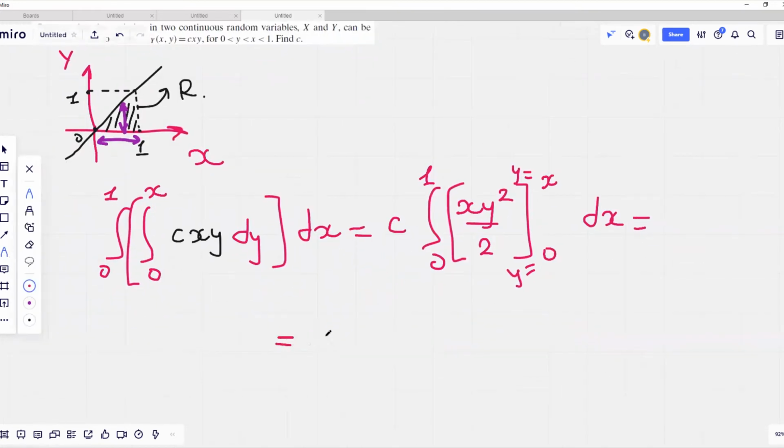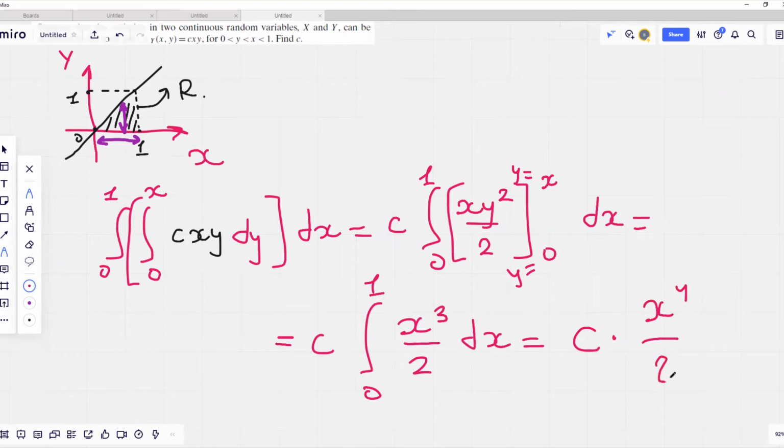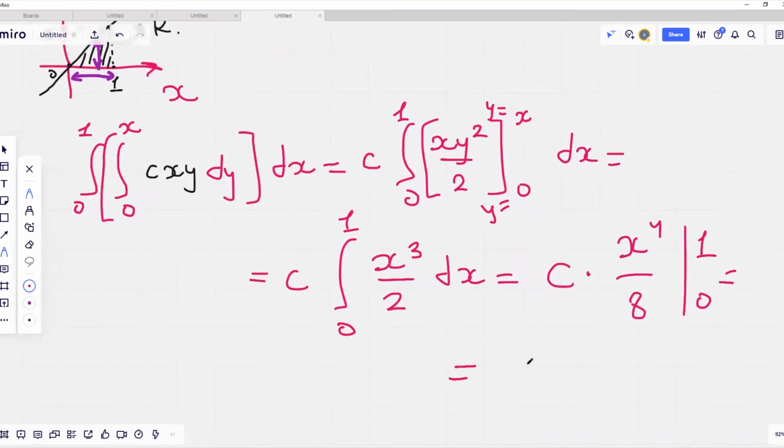So this is then equal to c. Now let's substitute y equal to x. We'll get x cubed over 2 minus, when y is equal to 0, that product is going to be equal to 0. So we'll integrate from 0 to 1, x cubed over 2, which is given as c multiplied by x to the power of 4 over 8 from 0 to 1. So this is equal to c over 8.